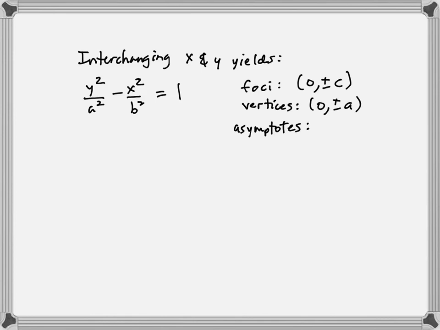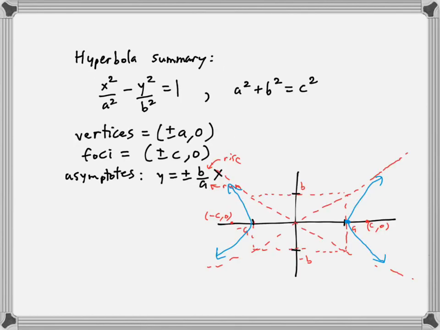What happens is, if you replace your x with your y, you actually get y equals plus or minus. So think about it this way. You had y equals plus or minus b over a x, right?